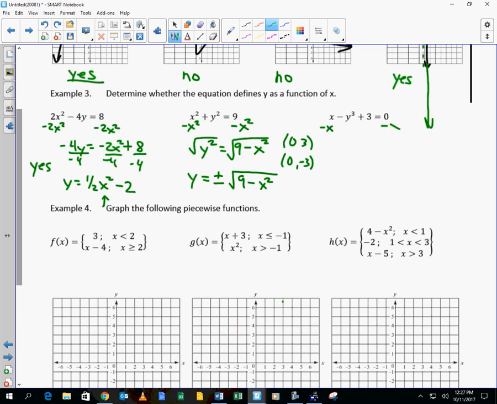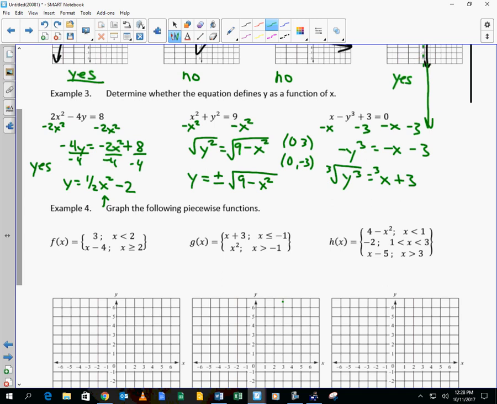Let's subtract x from both sides and subtract 3 from both sides. We get negative y cubed equals negative x minus 3. Divide by negative 1. Y cubed is x plus 3. How do I solve for y? Cube root.